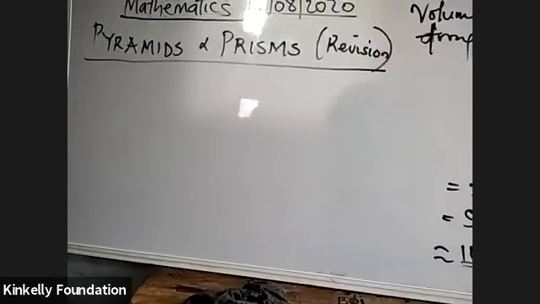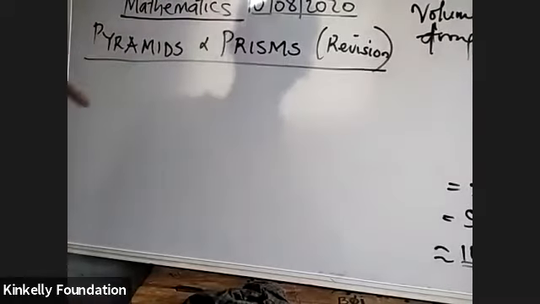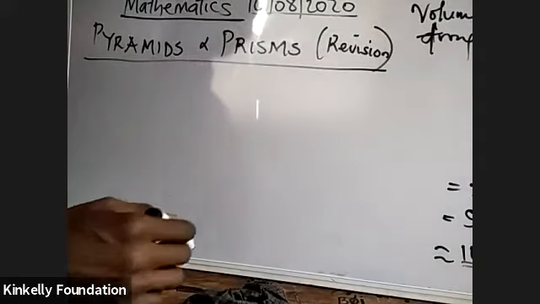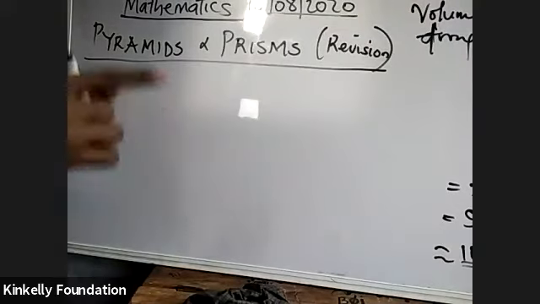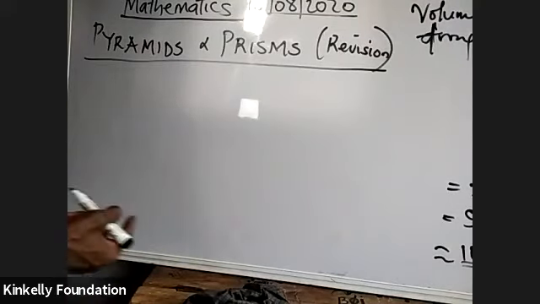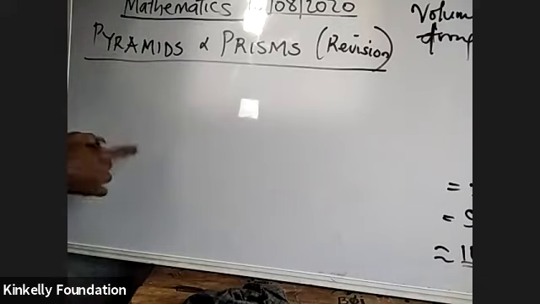Now remember that when we discuss about pyramids, we say that a pyramid doesn't have a constant cross-section. Rather, it has a vertex and what? A base, basically a base shape like the cross-section of the base.